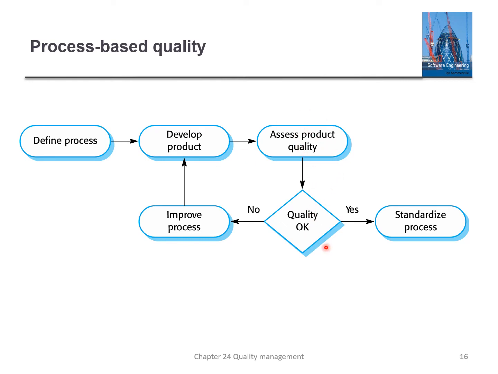If it's okay, you will follow the processes that you have decided. If it's not okay, you will improve the processes that you have decided earlier. So this kind of development is more focused on ensuring the processes are good. They suggest them first, and then they develop, and then they check the product quality. If it's good, they will follow whatever the processes are. If it's not, they will modify some of the processes that they have defined earlier.